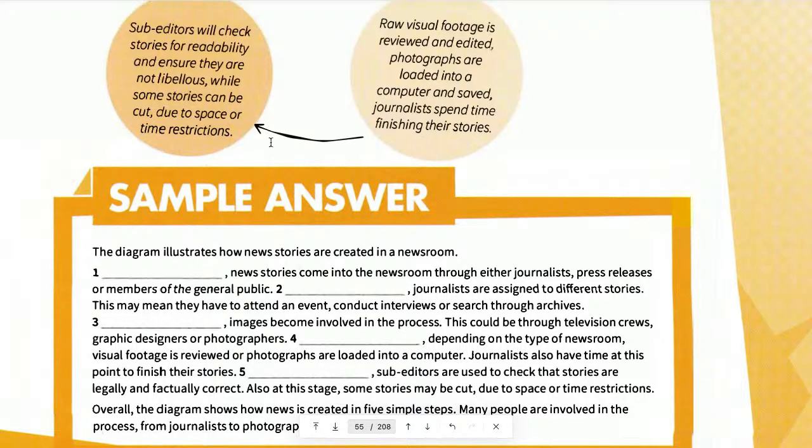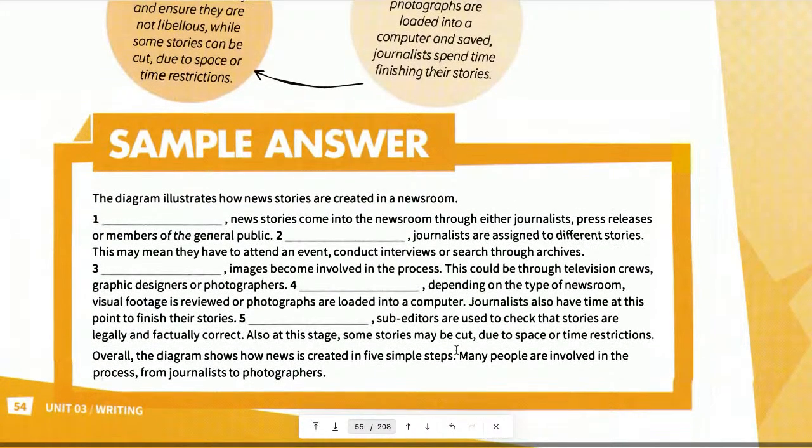Okay. Alright, next. Sub-editors will check stories for readability and ensure they are not libelous, while some stories can be cut due to space or time restrictions. Now, where is that? Where?